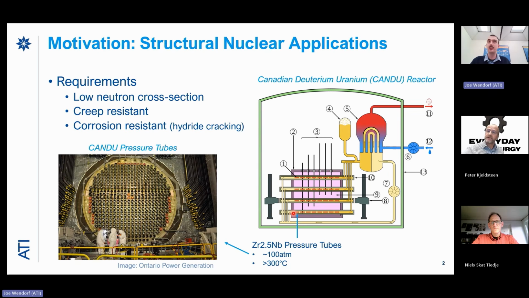So that's one of the main mechanisms that causes a reactor to be shut down for maintenance or eventually just completely retired, is these pressure tubes swell too much due to creep, and the water doesn't cool the fuel down adequately. And so that's why so much work has been put in to slow down the creep rate, is to keep the water cooling down the fuel.